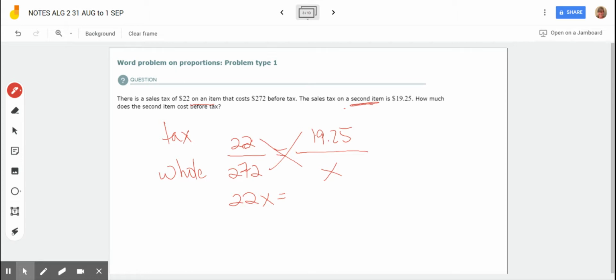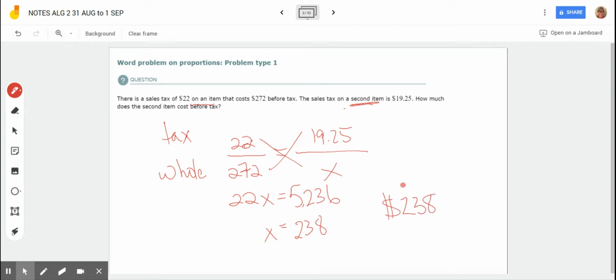I got 5,236. Divide both sides by 22. And I got 238. That means that the answer is $238.